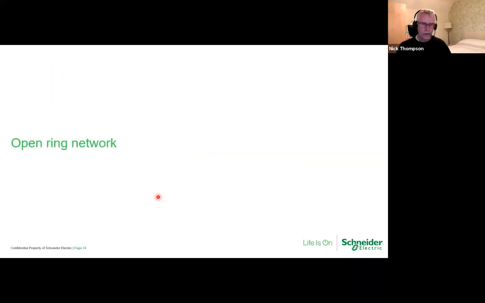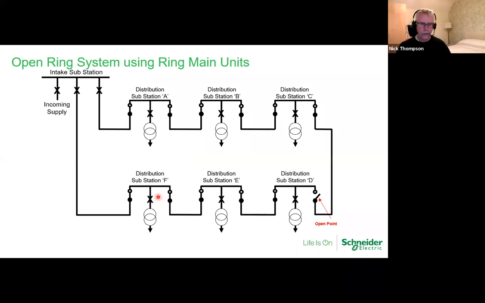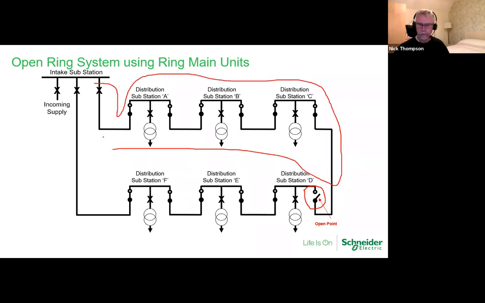Now that will lead me on to an open ring, because an open ring, as it says on the tin, has this open point over here. This is a deliberate break in the network. So we're effectively creating two radials, a radial from here and a radial here.